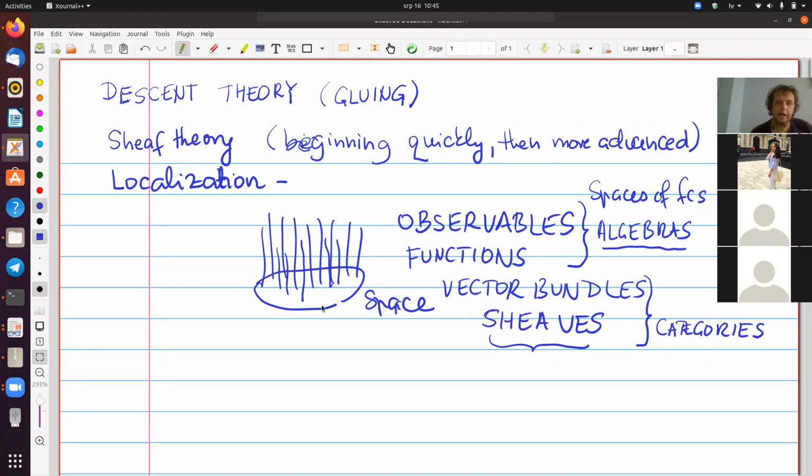Now imagine that you want to consider the same kind of objects. You are in the same world, but not over the whole space, just over a part of that space. So I take, say, this part of that space. Okay, so I have these objects just over that part.